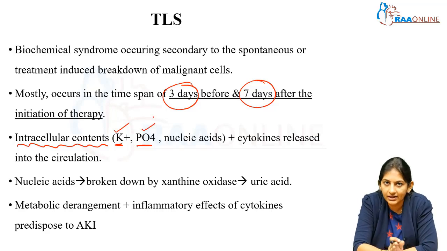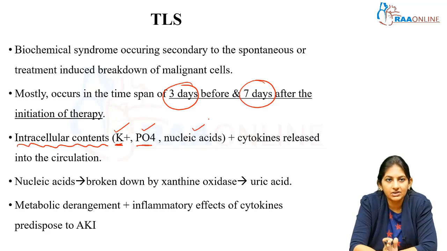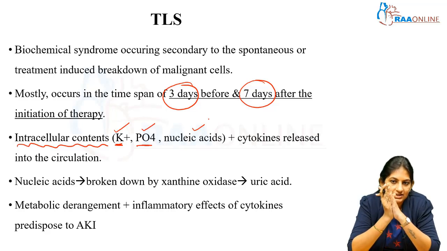As these tumor cells break down, the DNA is breaking down, and the released nucleic acids are metabolized by xanthine oxidase to form what? Uric acid. So there is hyperuricemia. And phosphate combines with calcium. So hypocalcemia is a secondary metabolic abnormality. Once phosphate and calcium combine together, it results in hypocalcemia.